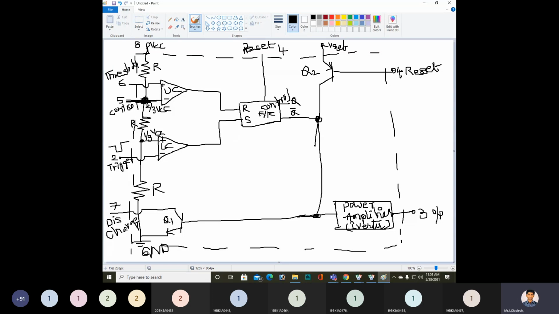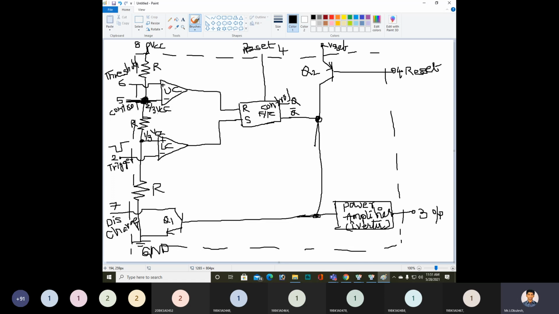If the control voltage is greater than 2 by 3 VCC, then the output of the upper comparator is equal to 1. That is, R is equal to 1.